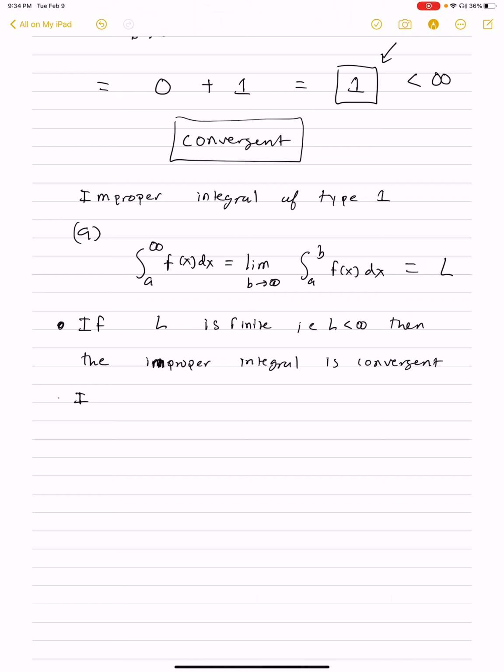Now that's one scenario. Another scenario is L is infinite.